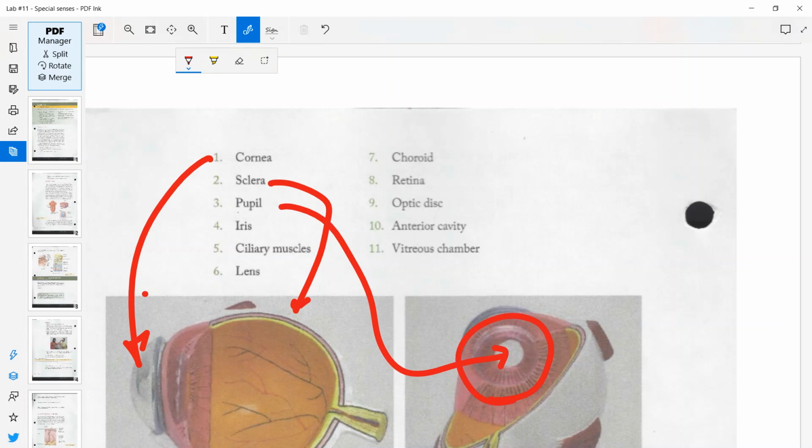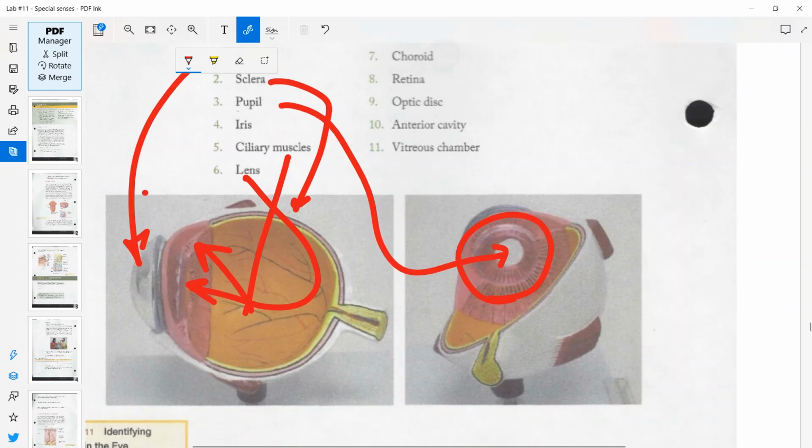Ciliary muscles are the muscles that actually suspend the lens. So you can see ciliary muscles. And finally, lens. You can see transparent lens in the left picture. Choroid is the thin layer that supplies blood to the retina.